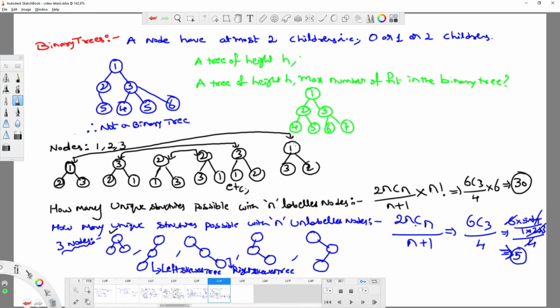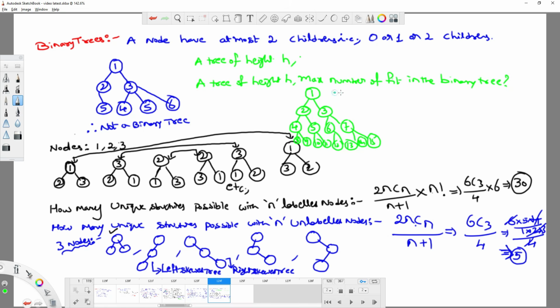For a tree of height 3, how many nodes? 15 or not? Yes. So here the question is, for a tree of height h, how many nodes are possible? Right? You can generalize it.